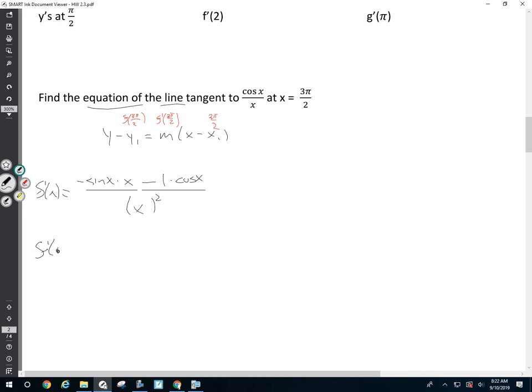Now I'll plug in 3 pi over 2. So negative sine 3 pi over 2 times 3 pi over 2 minus cosine 3 pi over 2, over 3 pi over 2 squared.